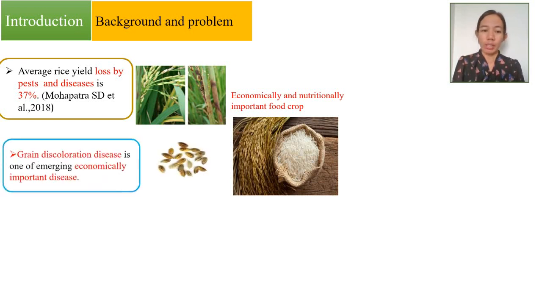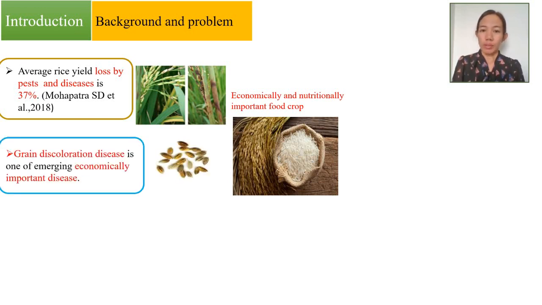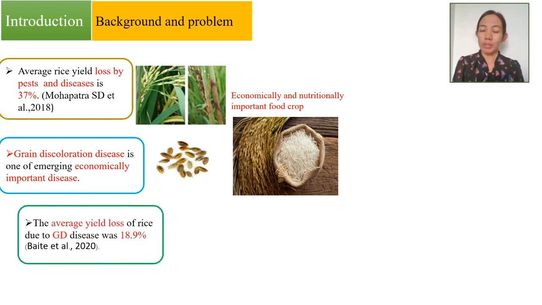Grain discoloration disease was considered a minor disease earlier, but nowadays has become economically important because it causes both quantitative and qualitative loss. The average yield loss by GD disease is 80.9%, reported by BITE 2020.